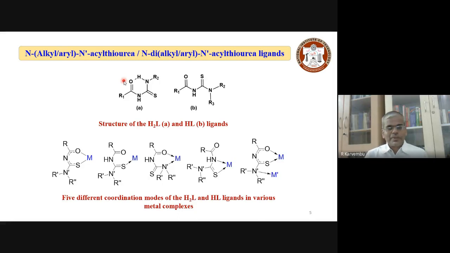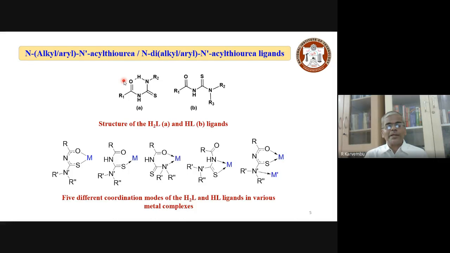Why? Because this exhibits a variety of coordination modes. You cannot predict the coordination mode of this ligand until you solve the structure of the complex you prepared. Some of the coordination modes are given in this slide. You can see the first one is the monoanionic bidentate coordination mode of the acyl thiourea ligand.